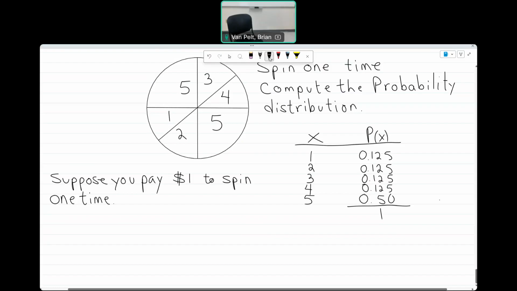All right, suppose you pay $1 to spin one time.